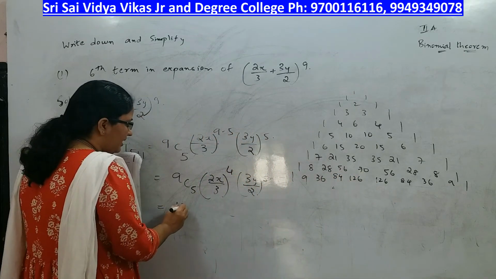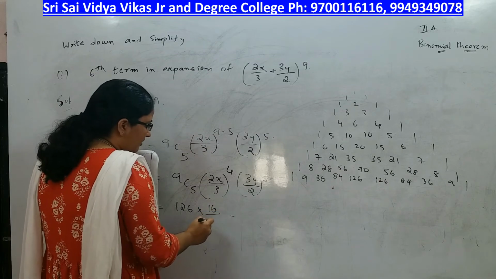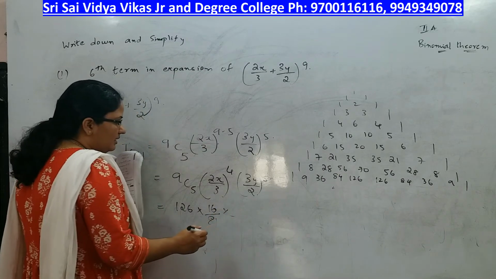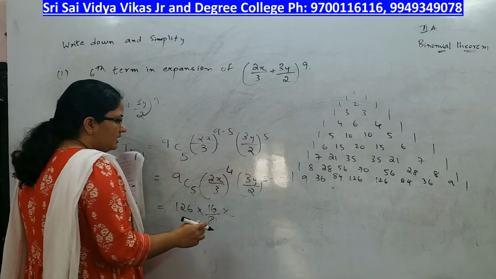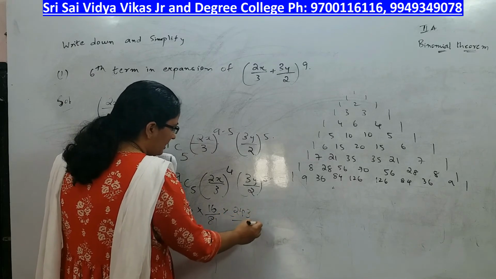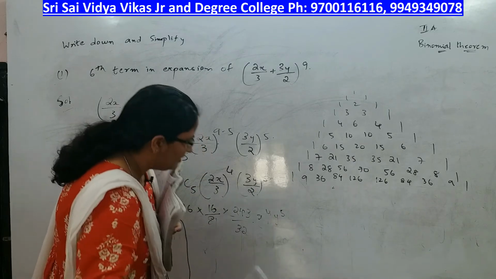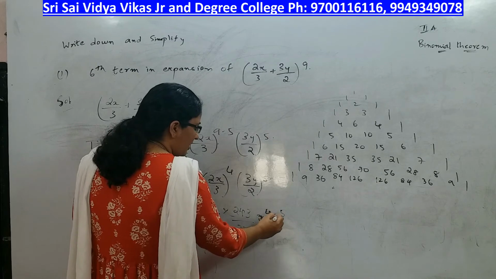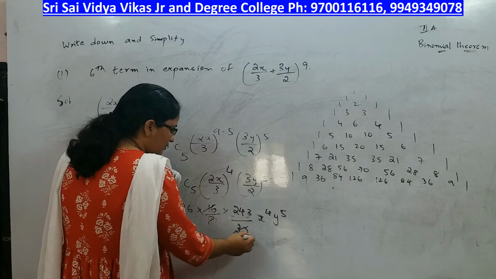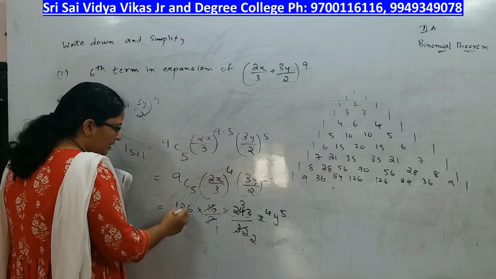So that is nothing but 126 into 2 power 4 by 3 power 4, so 16 by 3 power 4: 3 3s are 9, 9 3s are 27, 27 3s are 81, into 3 power 5: 3 3s are 9, 9 3s are 27, 27 3s are 81, 81 into 3 is 243, by 32, x power 4 y power 5. 16 twos are 32. 81 into 2 into 2 gives 64.